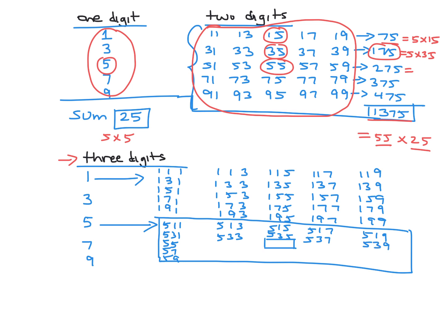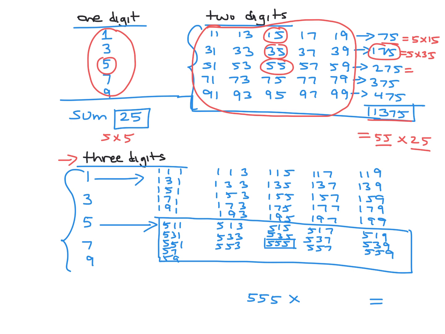And the next row is where we get the middle one. 5 5 1, 5 5 3, and 5 5 5. So that's the middle number, 5 5 5, 5 5 7, and 5 5 9. And you guys get the point. So the middle number is very important because we multiply that by how many total numbers there are, and we'll get the sum.